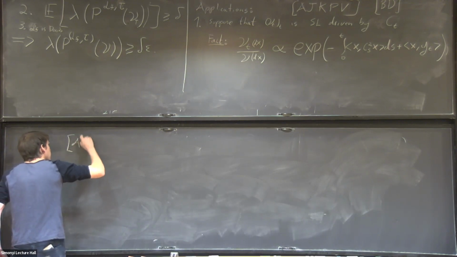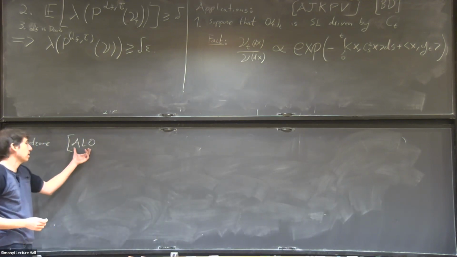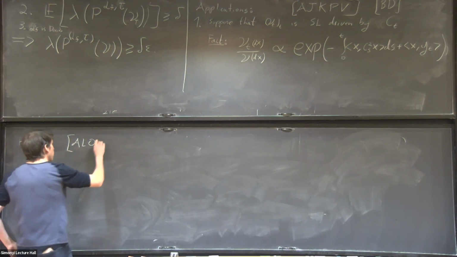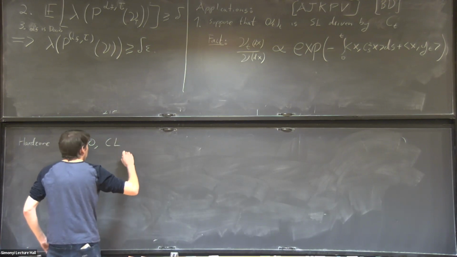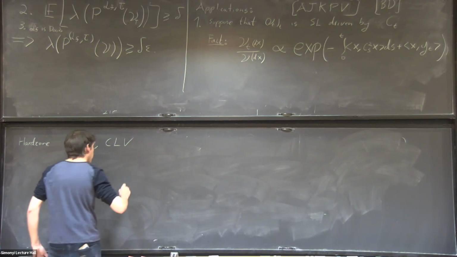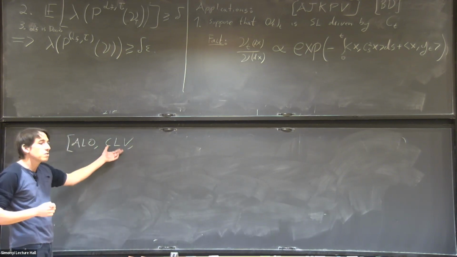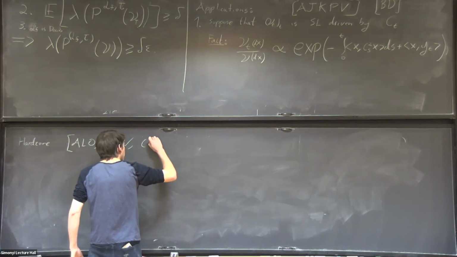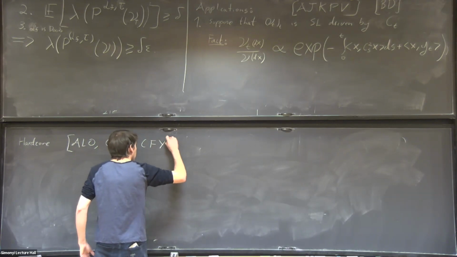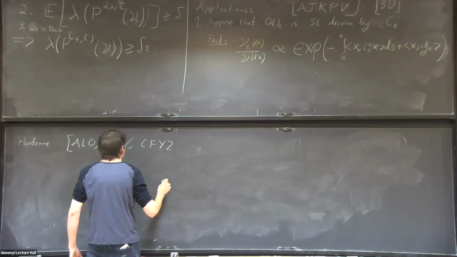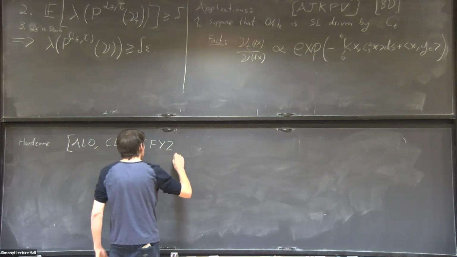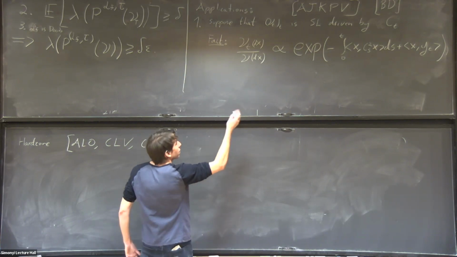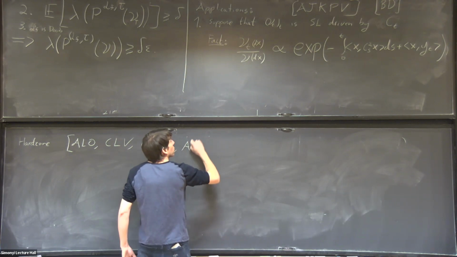The first paper by ALO gave a polynomial bound for Glauber dynamics, and then there was an extension by Chen, Liu, and Vigoda, which gave a log Sobolev in bounded degrees, and then there was another extension by Chen, Feng, Yin, and Zhang, which gave something for any degree, and then there was this paper by the authors I mentioned before, AJK.